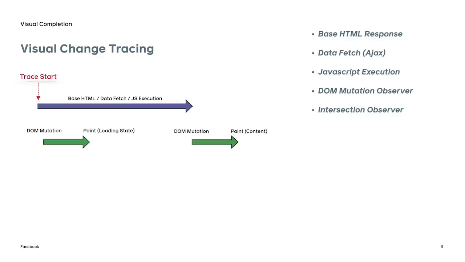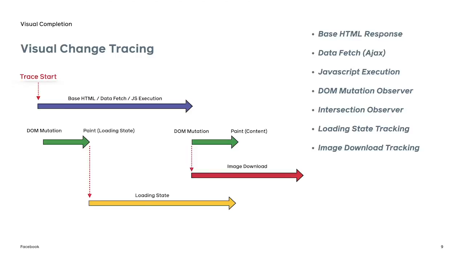In the meantime, if there is any visible loading state displayed on the screen, we have to wait until all loading states have disappeared. Then at last, we still need to wait until all the pending images are completely downloaded and displayed on the screen, regardless of lazy loading or preloading.